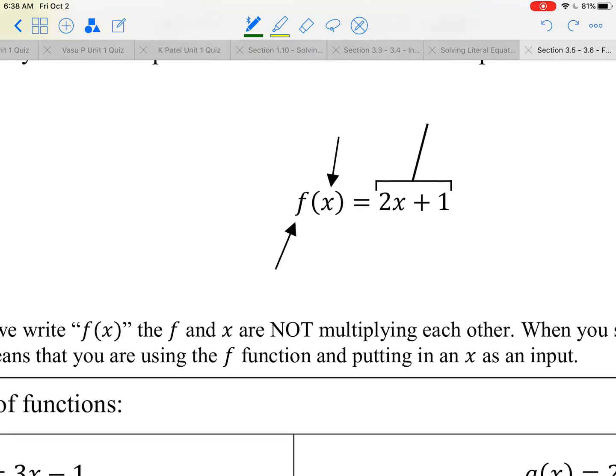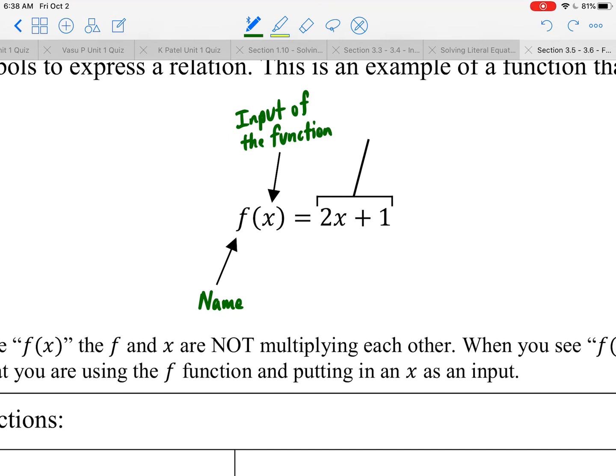The name of the function is that first letter, the f right there, okay? And then the input goes right here. So x, in this case, is the input of the function. And then this little thing right here, this 2x plus 1, this is the output of the function.